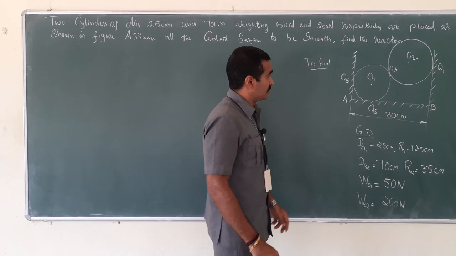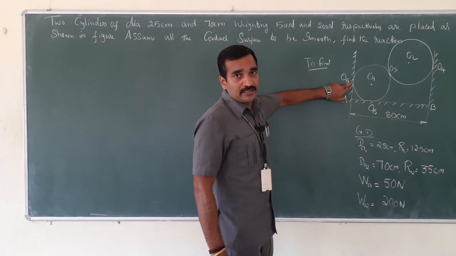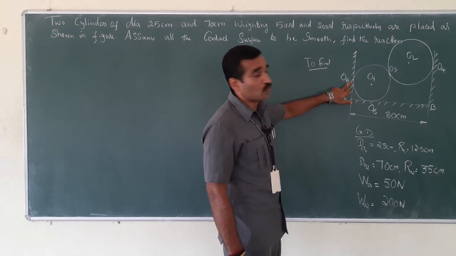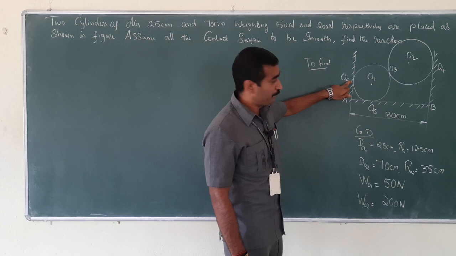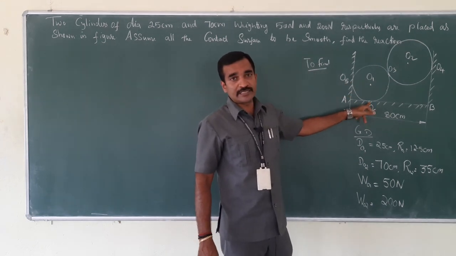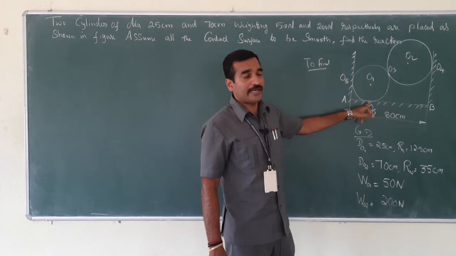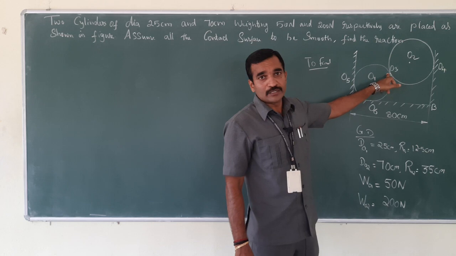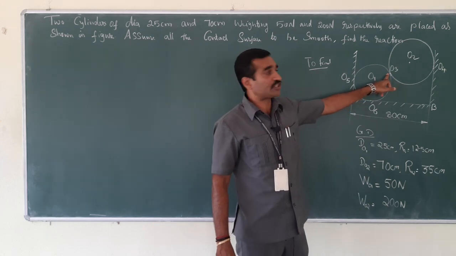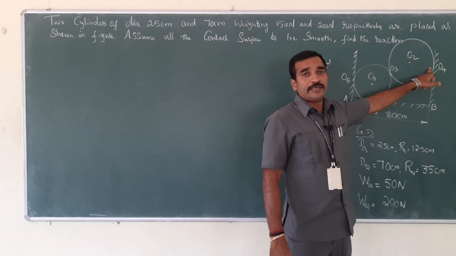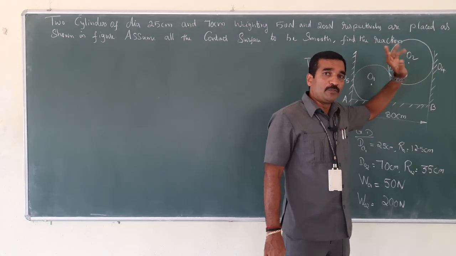Look here, the cylinder is in contact with this chamber, that is O5, so there will be a reaction. And look at the bottom, the cylinder is in contact, therefore there will be a reaction. Between the cylinders there is a contact, therefore one more reaction would be there. And look at O4, you have the contact and there will be a reaction.